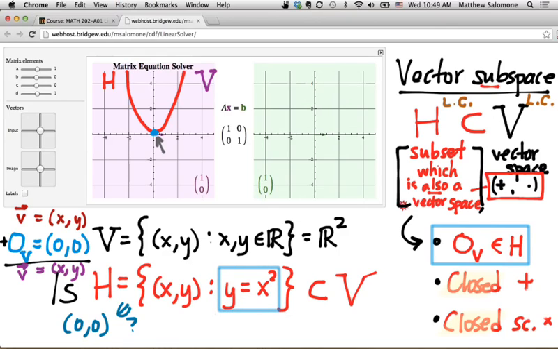We just have to decide whether or not this membership equation, y equals x squared, is satisfied by 0, 0. Well, is it? If our y is 0 and our x is 0, is it true that 0 is equal to 0 squared? Absolutely. So there's the algebraic verification that yes, the zero vector of V belongs to our subset. So that one's totally fine.